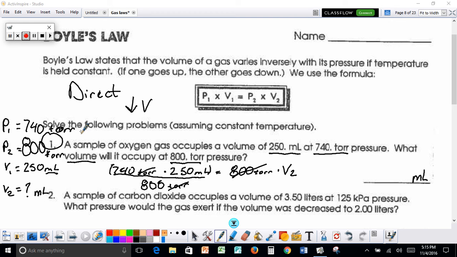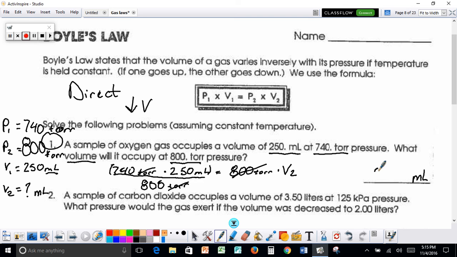Now, as we do the math, what we should come up with is a number like 231.25. But remember, we need to pay attention to significant figures. So as I look through my problem and my givens, each of my givens has 3 sig figs. Notice the decimal, that's telling us that we have 3 sig figs in each of these, so I can only report my answer in 3 sig figs.